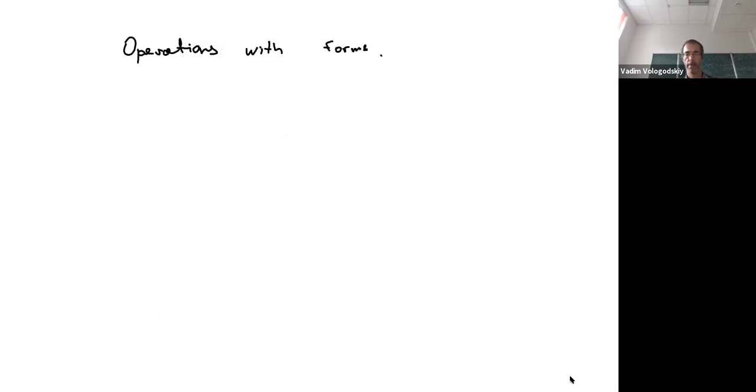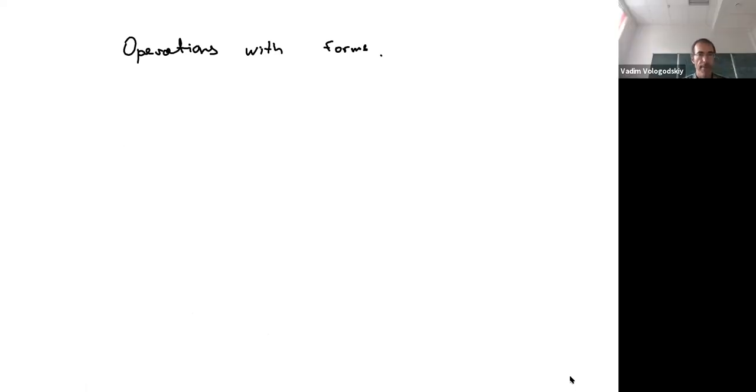Good. So, operations with forms. The most important operation with forms is pullback. So pullback is the following.